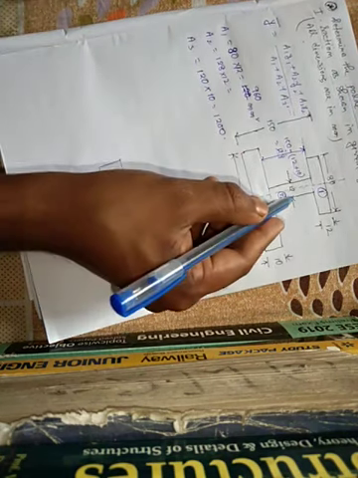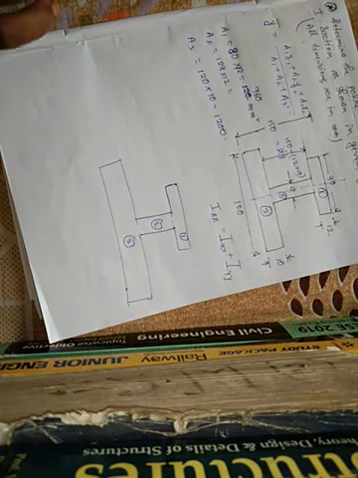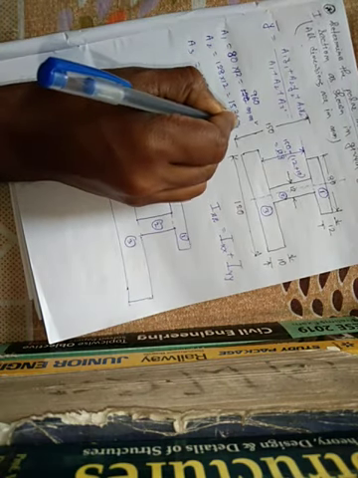The area of section 2, A2, is equal to 128 into 12, which is equal to 1536 millimeter square. And the area of section 3 is equal to 120 into 10, which is 1200 millimeter square.